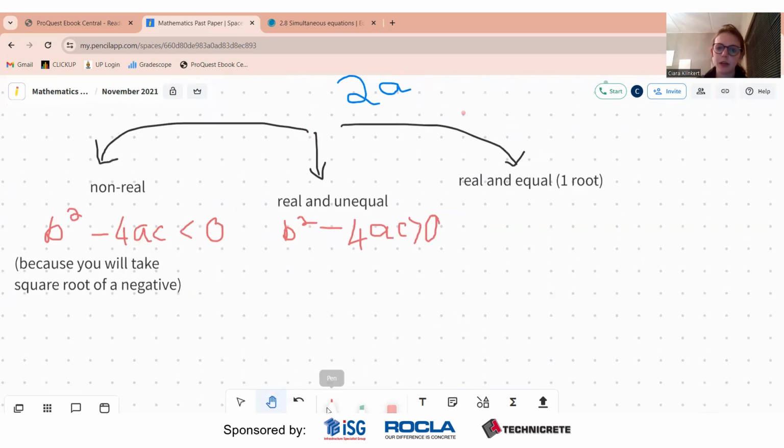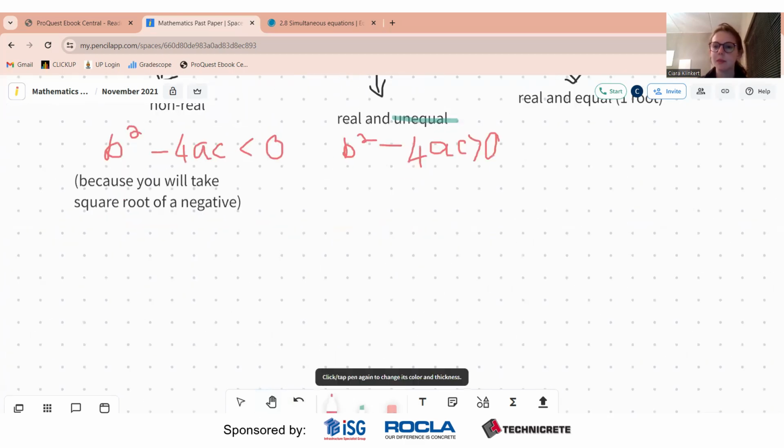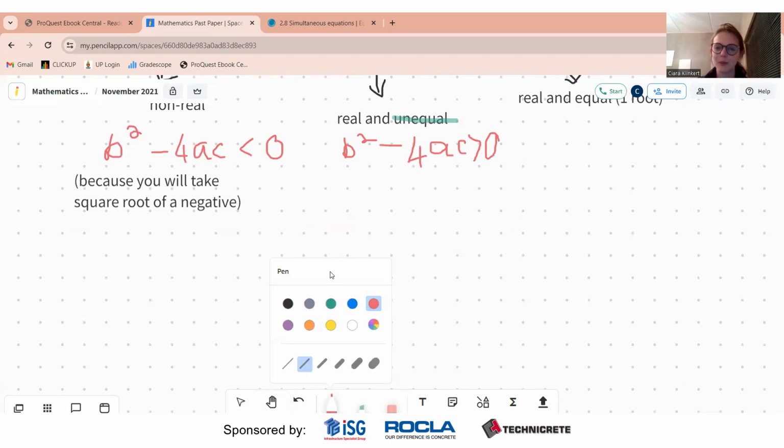You might be wondering what I mean by unequal roots. Sometimes it might seem like the roots are equal.